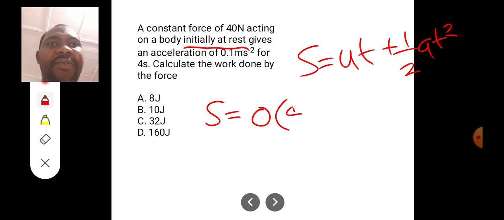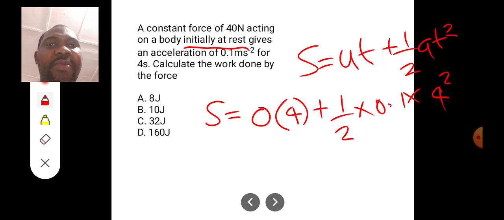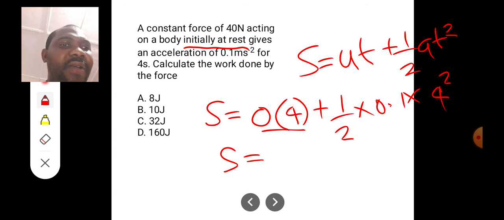The time here is 4 seconds, then plus half times your acceleration is 0.1, then multiply by your t is 4, so 4 squared. So by the time you use your calculator, 0.4 here is 0, so we are going to have 4 squared times 0.1 divided by 2.